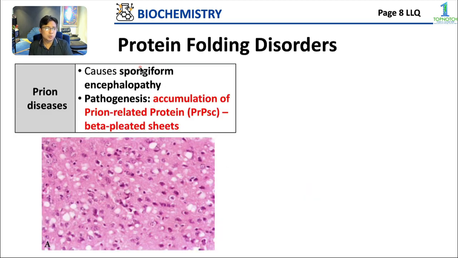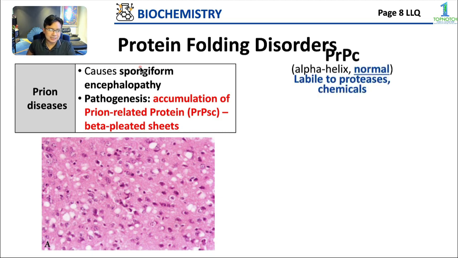Now, here are some protein folding disorders of importance. One is your prion diseases, the ones causing spongiform encephalopathy. Ito yung mga Kuru, ito yung mga Creutzfeldt-Jakob disease. Now, the pathogenesis here is that there is an accumulation of prion-related protein beta-pleated sheets. Normally kasi, yung ating PrPc, the normal prion protein, is an alpha helix structure and is labile to proteases and chemicals.